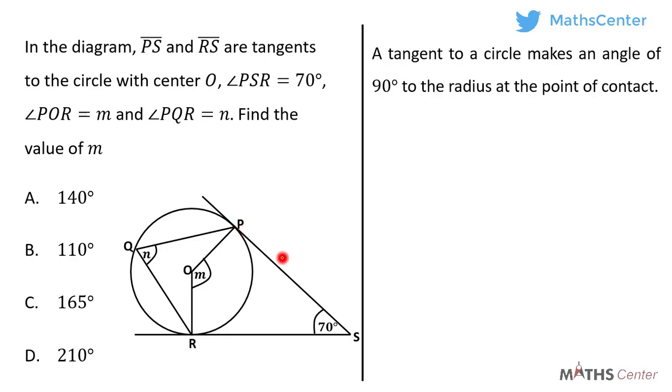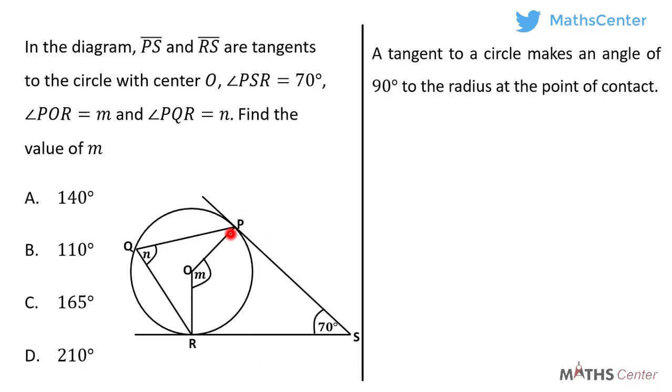The line PS is a tangent to the circle, and the line RS is also a tangent to the circle. We have an angle formed between the radius OP and the tangent PS. The theorem says that the tangent to a circle makes an angle of 90 degrees to the radius at the point of contact, which means that the angle formed between the radius and the tangent is 90 degrees.